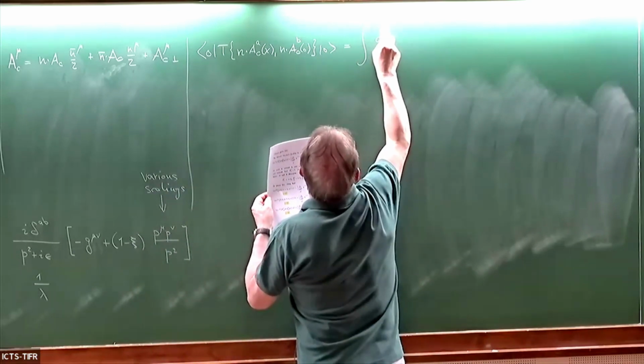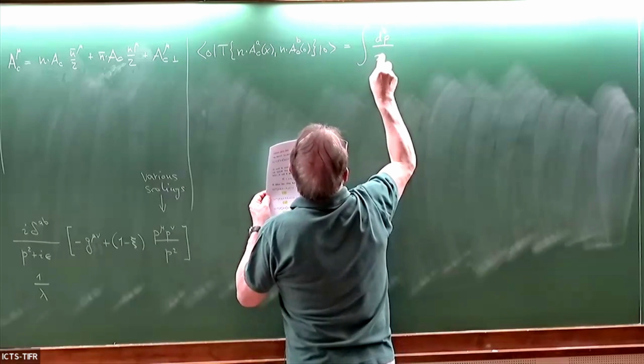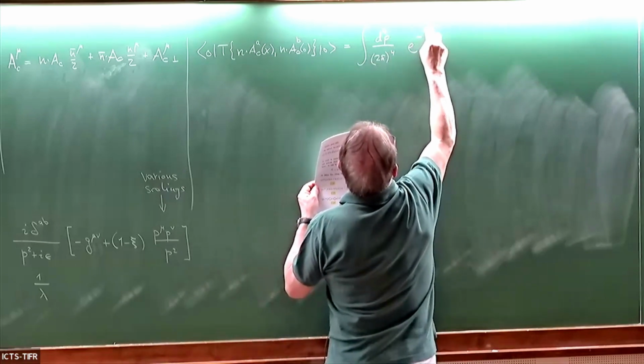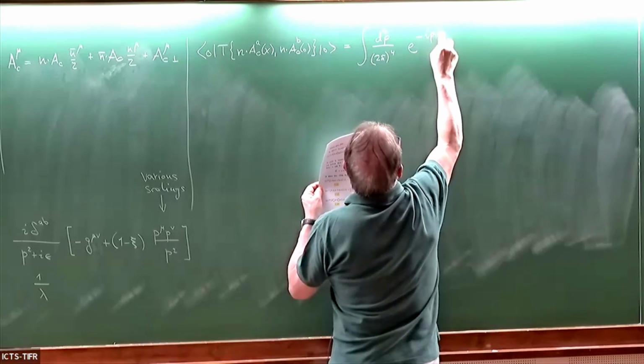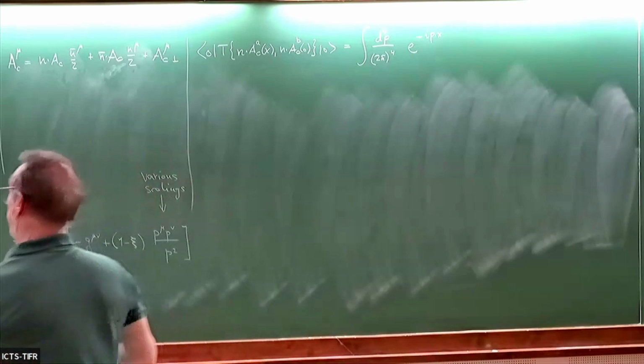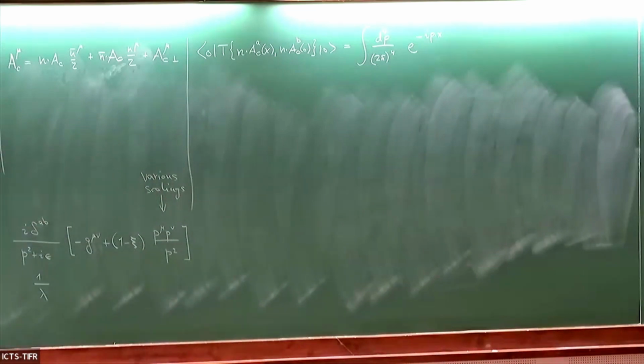We get d4p over 2 pi to the 4th, e to the minus ipx. And now, well, we just need to take this expression and multiply with n mu, n nu.